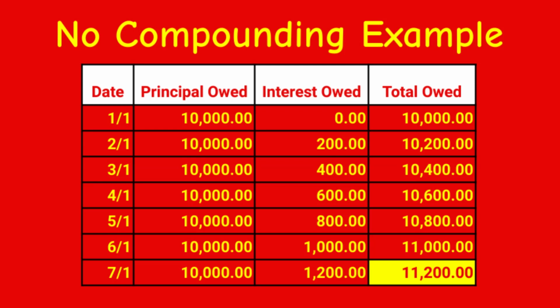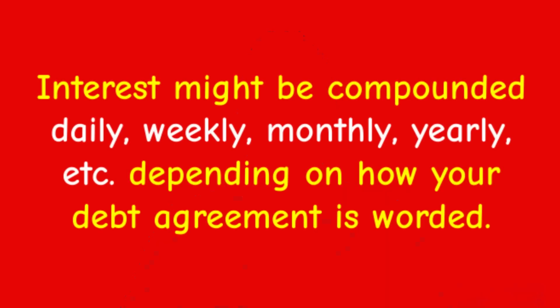Well, it would be $1,200 instead of $1,261. While that's only a difference of $61, this amount would be a lot higher if the amount borrowed was a lot higher. Interest can be compounded daily, weekly, monthly, yearly, etc. It all depends on how your particular debt agreement is written.